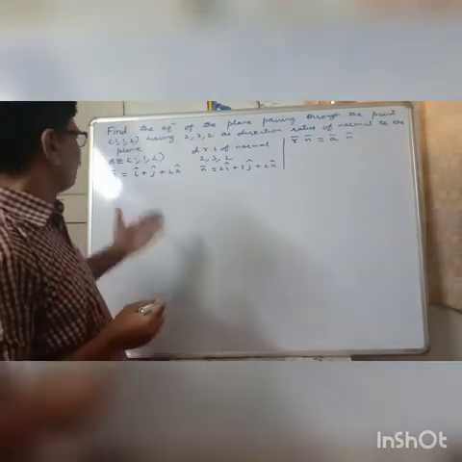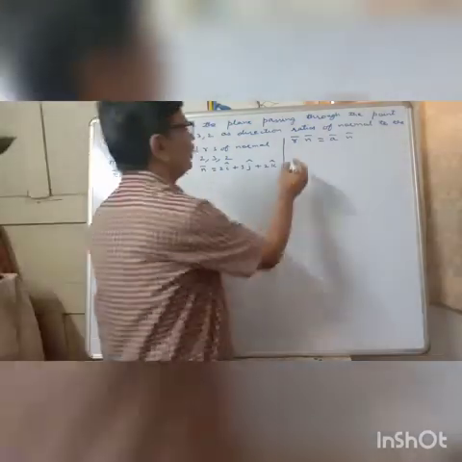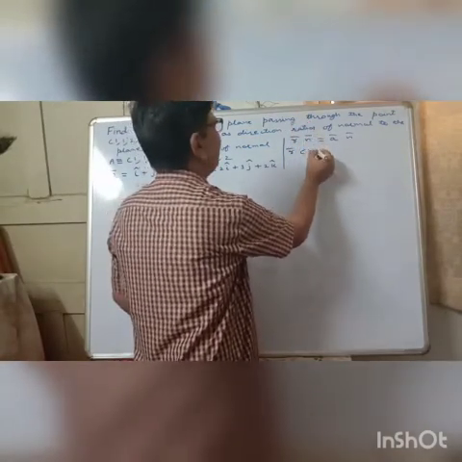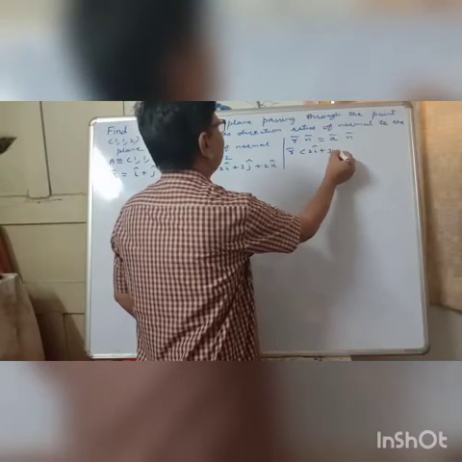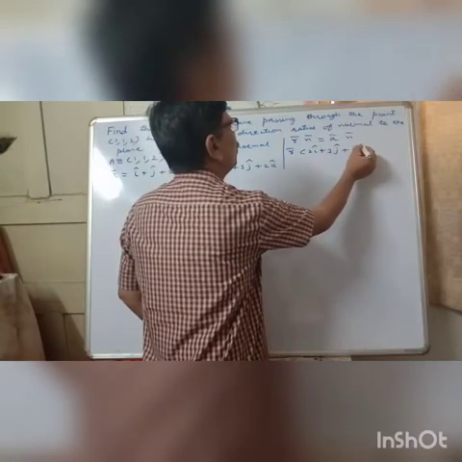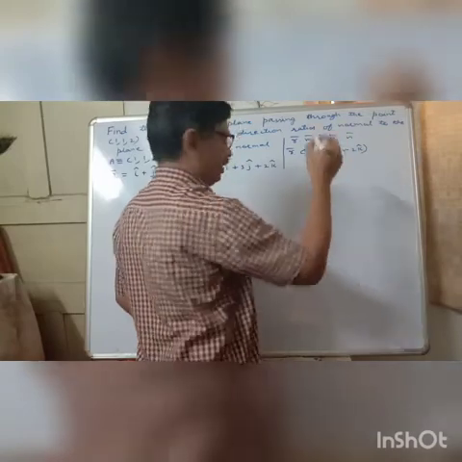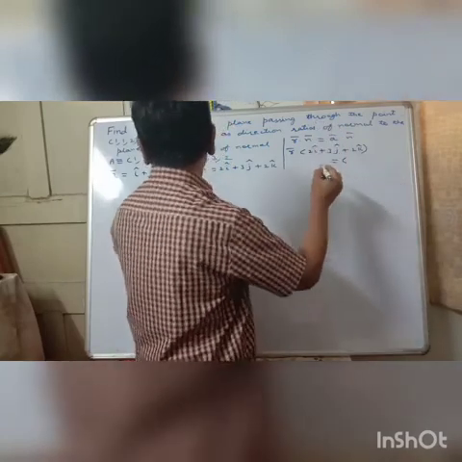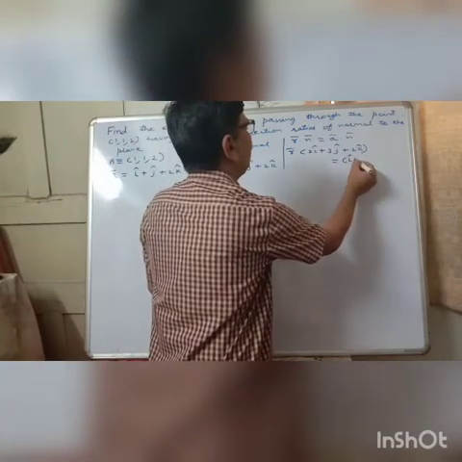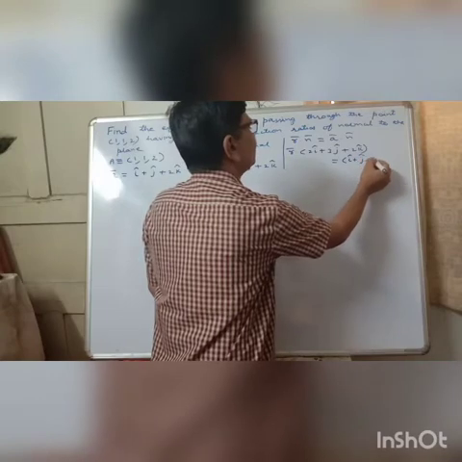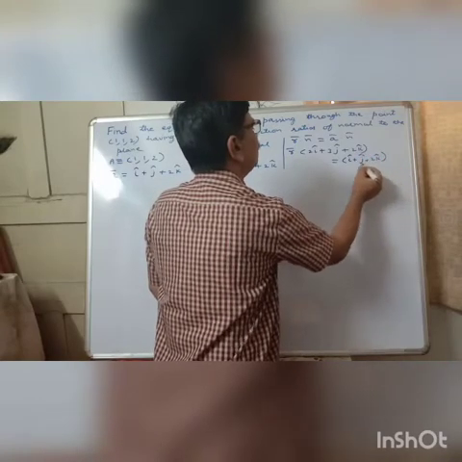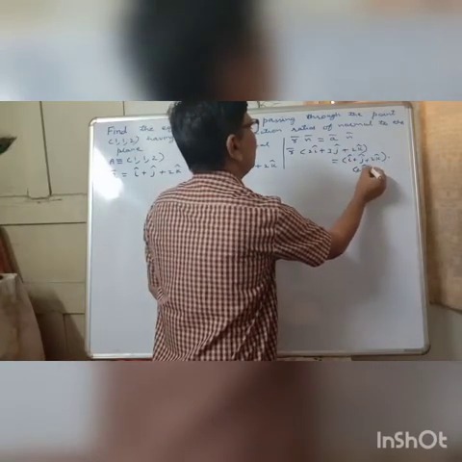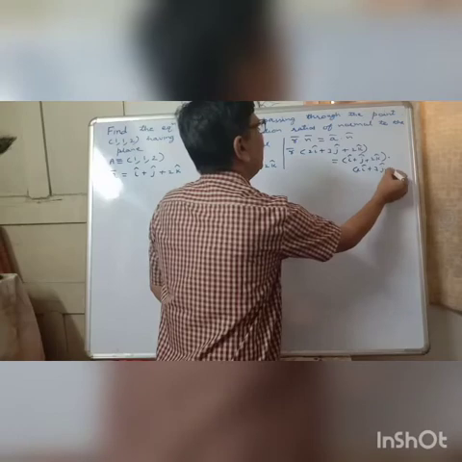Now put values of a bar and n bar here. r bar dot n bar in bracket 2i plus 3j plus 2k equal to, on right hand side in first bracket, vector a bar i plus j plus 2k dot in another bracket 2i plus 3j plus 2k.